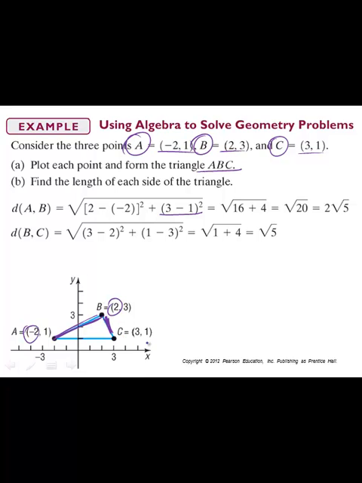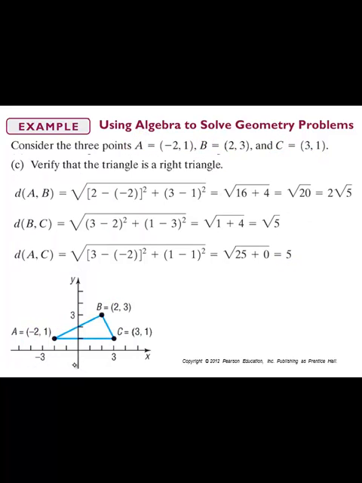And finally, the distance between A and C, and you could see the arithmetic there, works out to be 5. All right, so we've got 2 root 5, root 5, and 5.